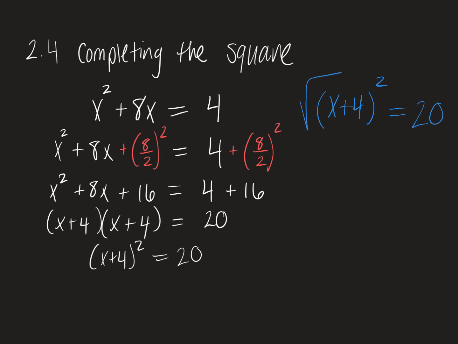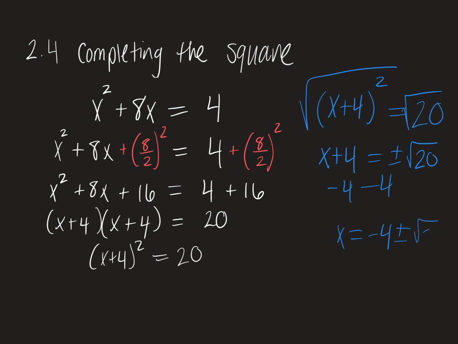So now that that's squared, we can just take the square root of both sides. So then x plus 4 equals plus or minus the square root of 20. Then you can move the 4 over. That's your answer. If you could take the square root, what would you do?